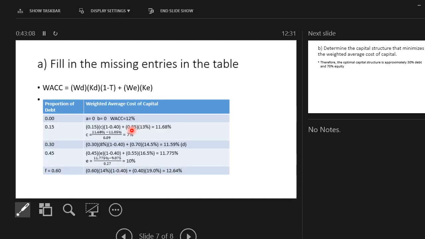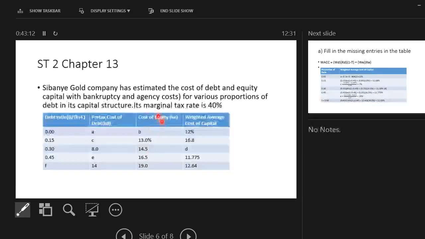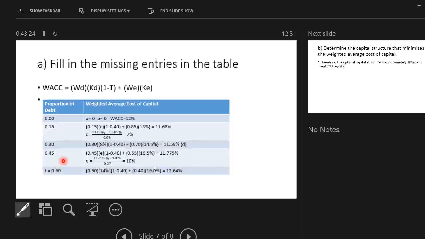That's why in the table there's debt ratio, but there's no proportion of equity, because once they give you this, you should know the other one. So 1 minus 0.15 or 100% minus 15% is 85%.